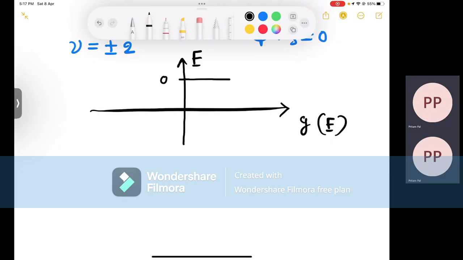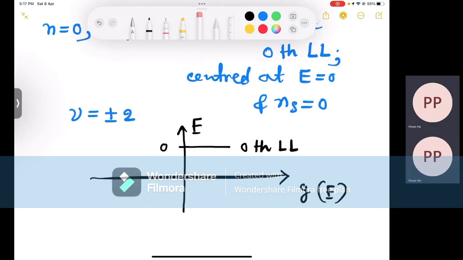So this is the zeroth Landau level, and then we'll have some other Landau levels as well, no?